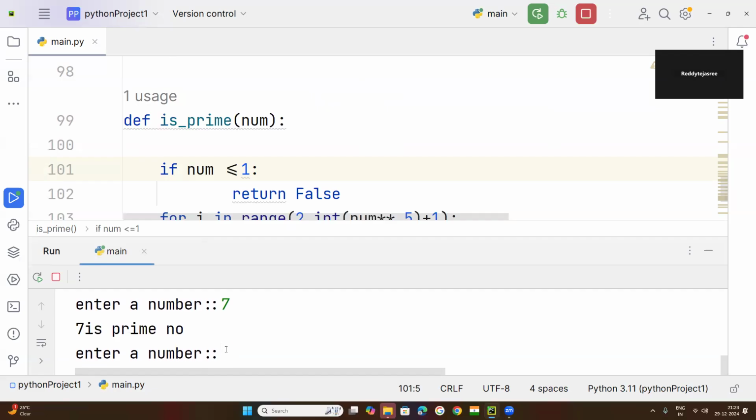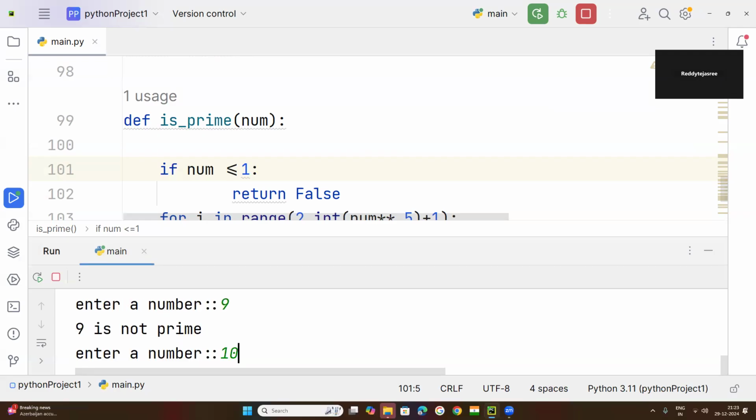Enter a number. 8. 8 is not prime. Then what happened? Then 9, 9 is not prime.